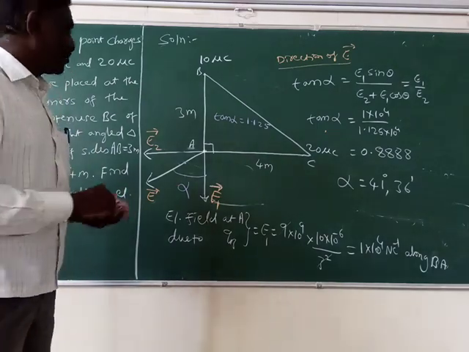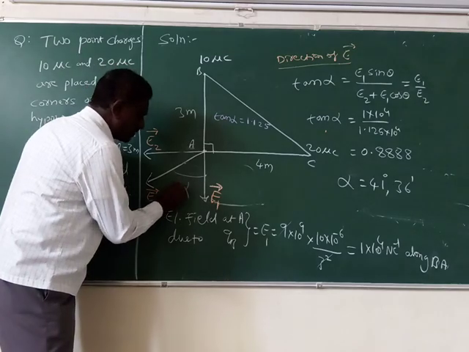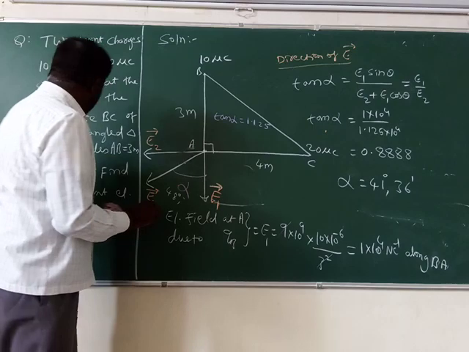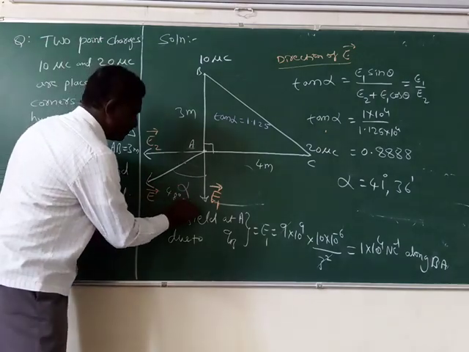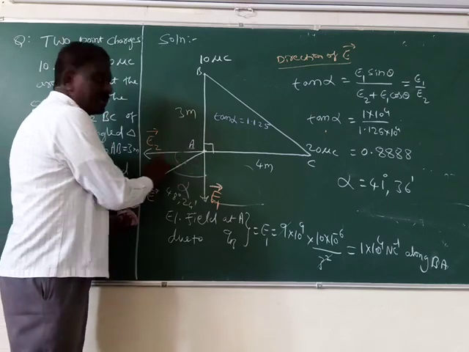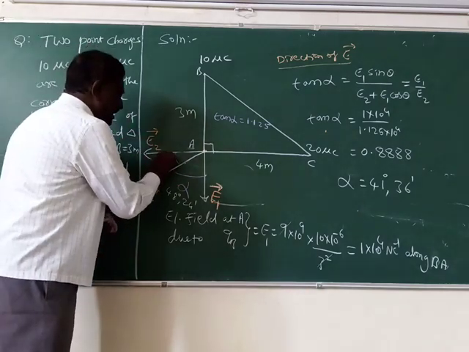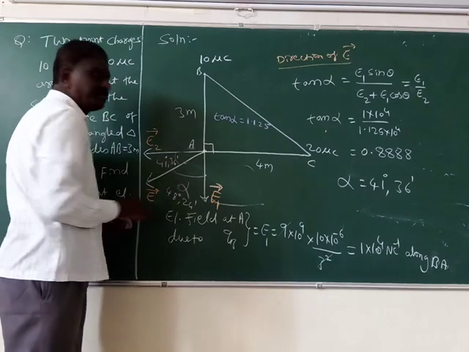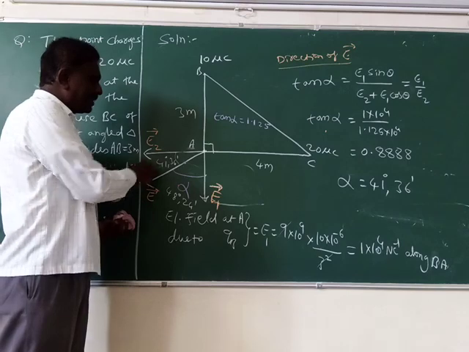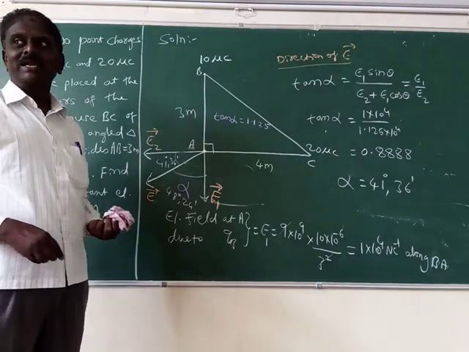48 degrees 24 minutes. Here, if you take this as alpha, you will get 41 degrees 36 minutes. If you add the two, 41 degrees 36 minutes plus 48 degrees 24 minutes, you will get 90 degrees.